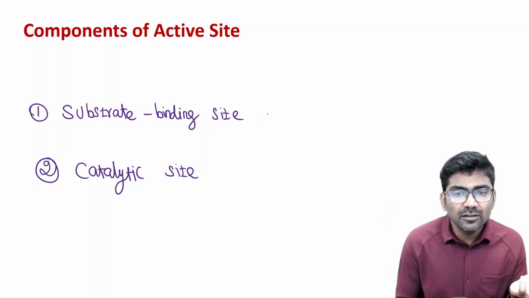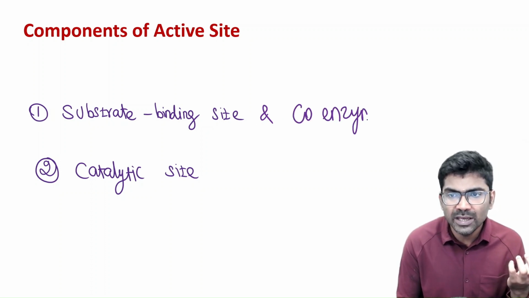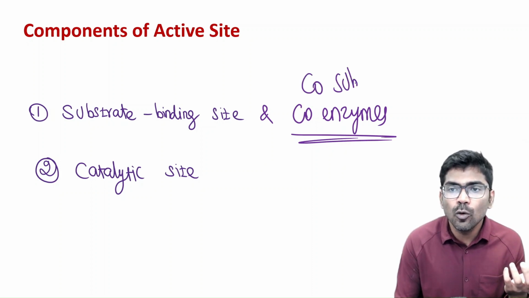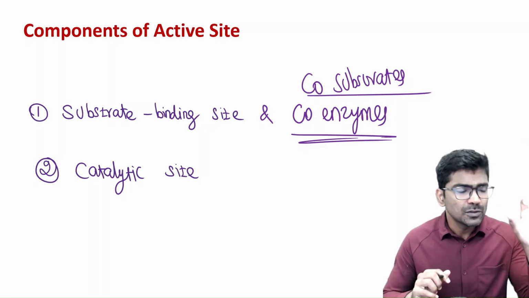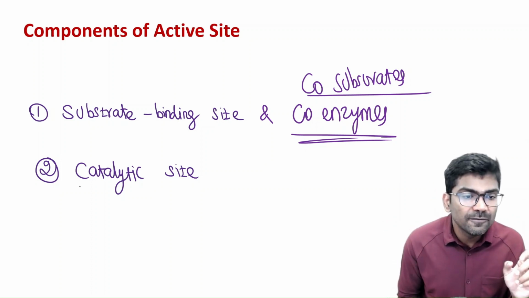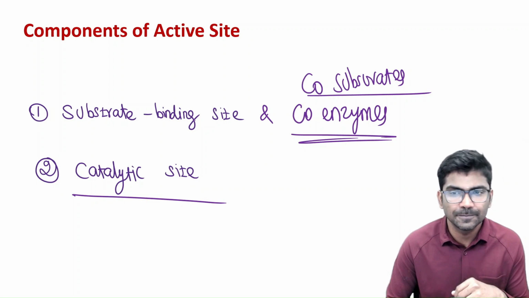Substrate binding site will also bind to the coenzymes. Many times, coenzymes are considered as co-substrates in certain chemical reactions. Okay. So substrate binding site and coenzyme binding site is separate from the catalytic site. Remember this.